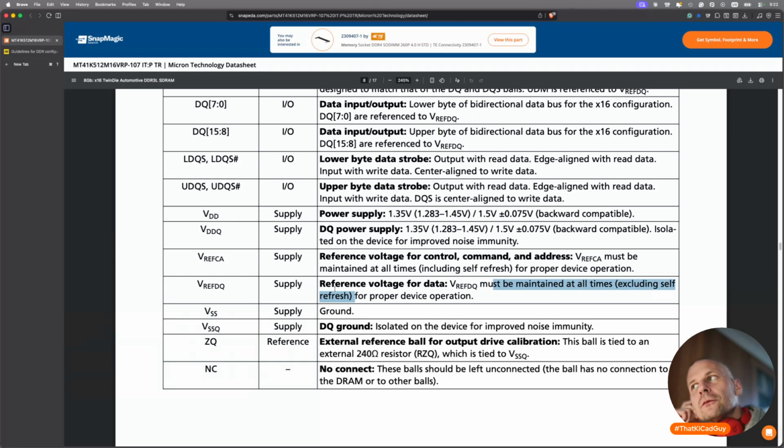Reference voltage for control commands and address, reference voltage for data. So it means it's the power supply. Just the separate line to be noise free, most likely.